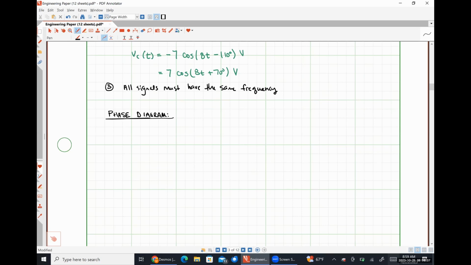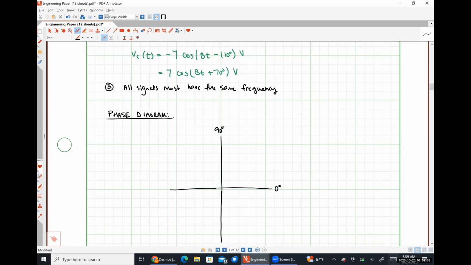So I'm going to draw a graph here. The positive horizontal axis corresponds to 0 degrees. Positive vertical axis is 90.